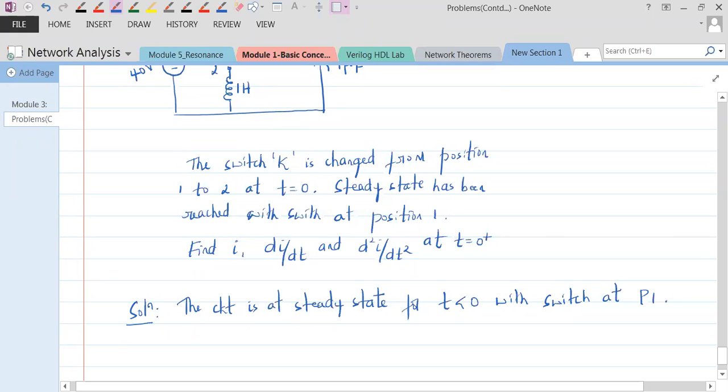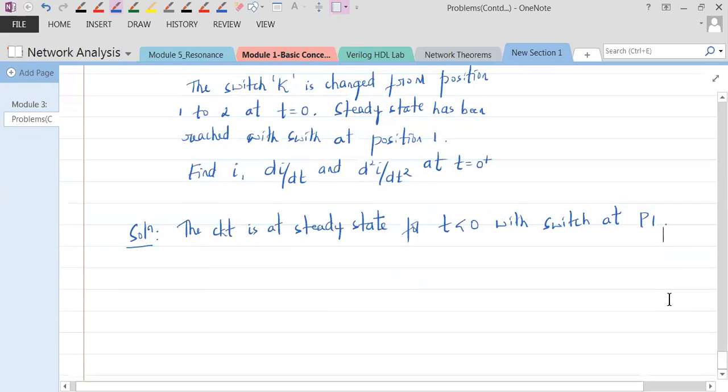P1 means it's position 1. I've told you why we need this: to find out I of 0 plus.